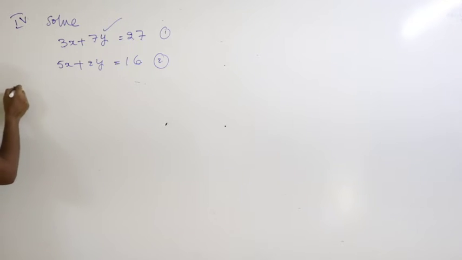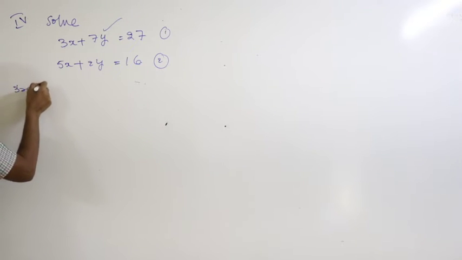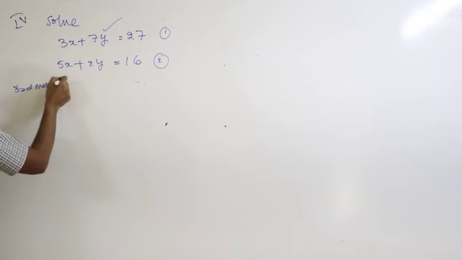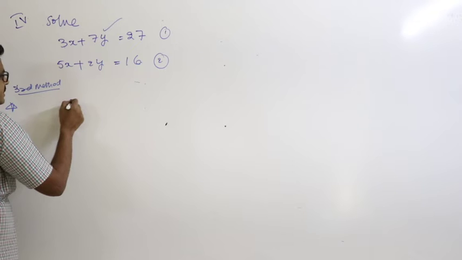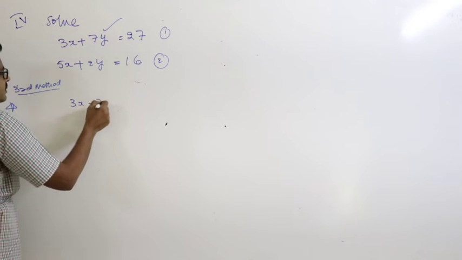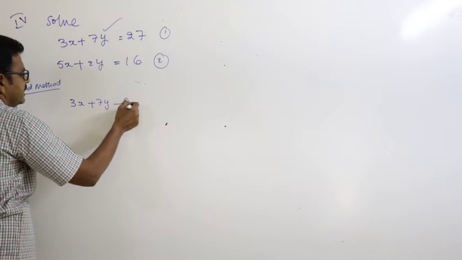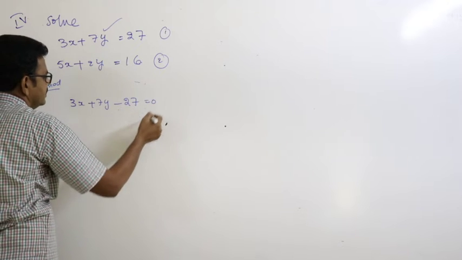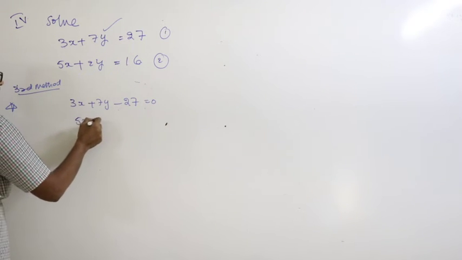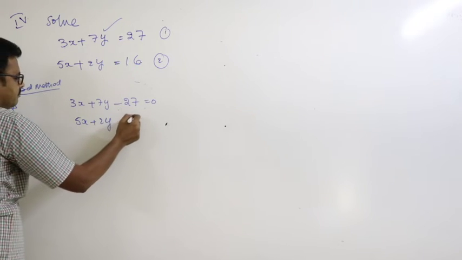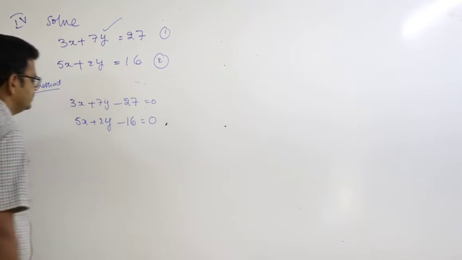Now the third method is the cross multiplication method. In the cross multiplication process, you rewrite the equations: 3x plus 7y minus 27 equal to 0 and 5x plus 2y minus 16 equal to 0.